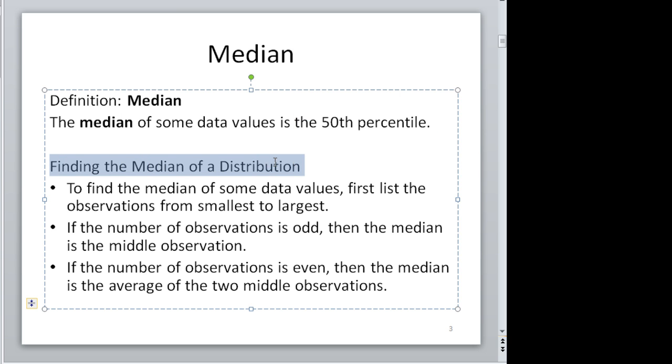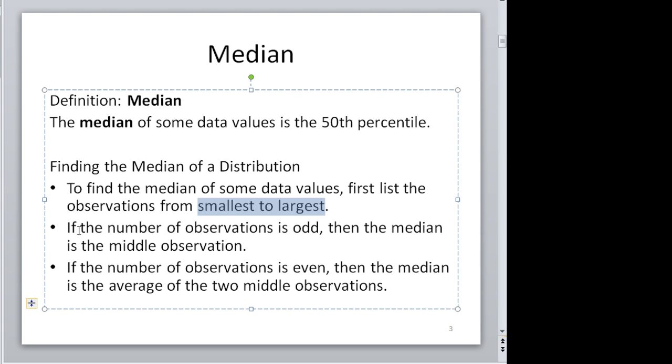Now it says, finding the median of a distribution. To find the median of some data values, first list the observations from small to large. If you have 50 different numbers, chances are it's going to be mixed up, so you have to rearrange it so that small numbers come first and large numbers come last.